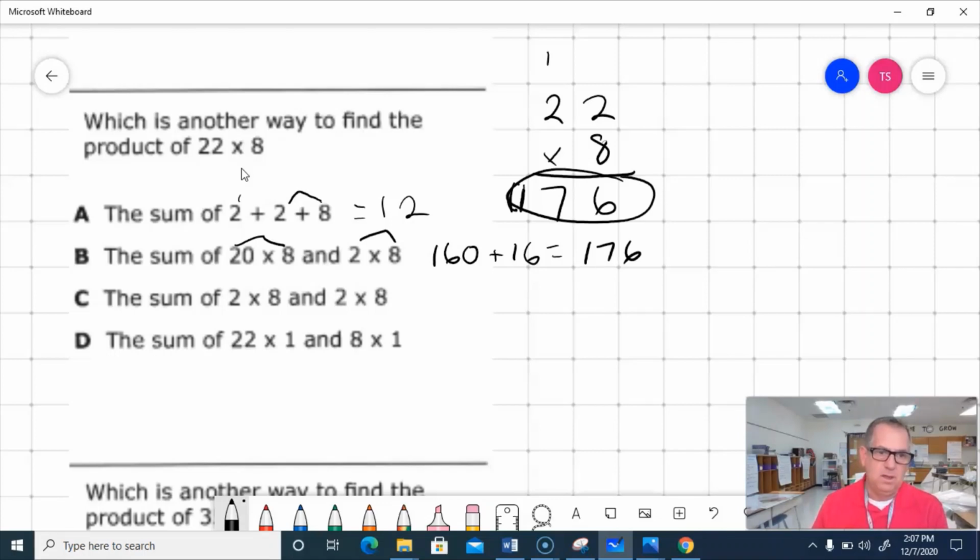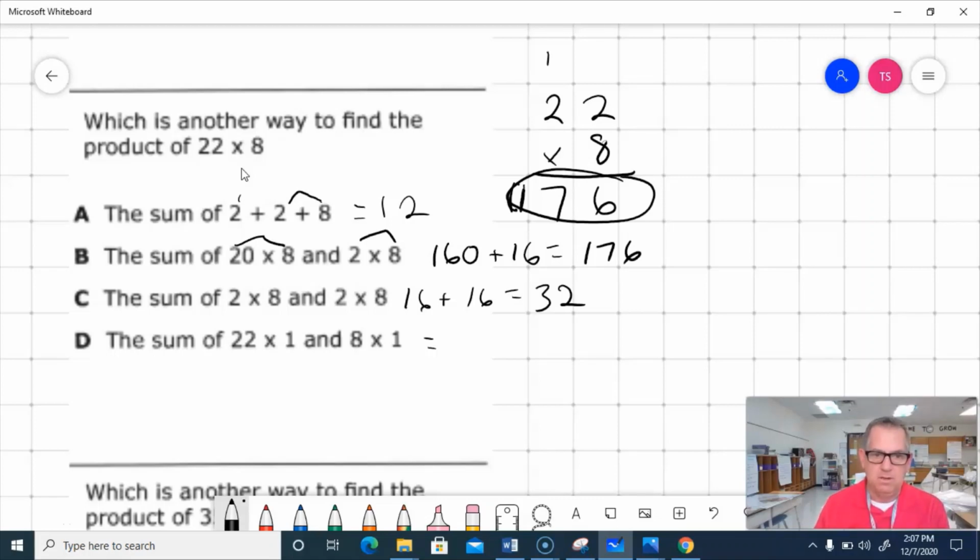Next, answer choice C, the sum of 2 times 8 and 2 times 8. Okay, let's check it out. 2 times 8 is 16, plus 2 times 8 is 16 again, and 16 plus 16 equals 32. And the last one, the sum of 22 times 1 and 8 times 1.